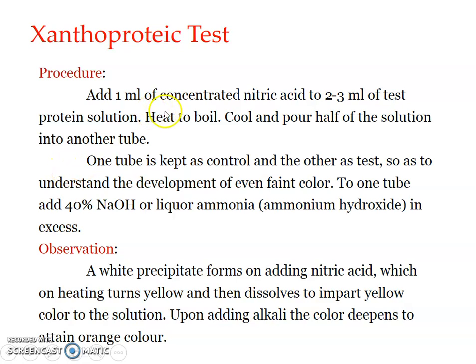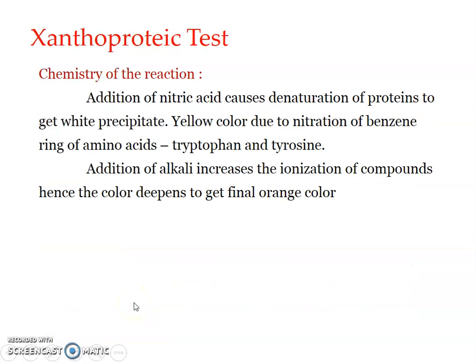Now the next test is the Xanthoproteic test. Here, 1 ml of concentrated nitric acid is taken, and the test solution is mixed with it. As a result, a white precipitate is formed on adding nitric acid, which on heating turns yellow and then dissolves to impart yellow color to the whole solution.